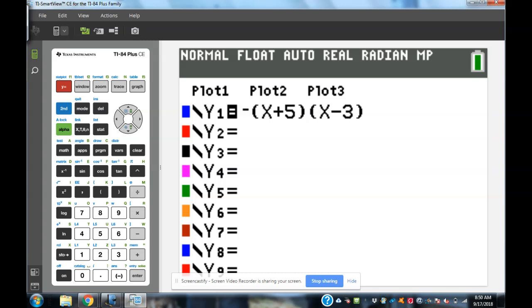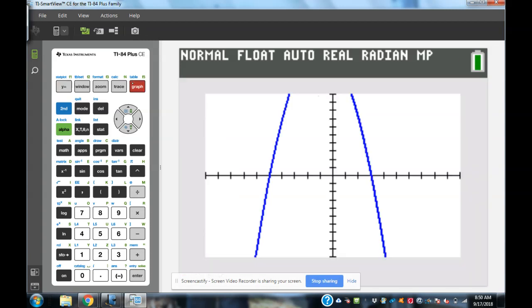All right. Notice I can't see my vertex or my y-intercept here. How could I get my graph to show me those?